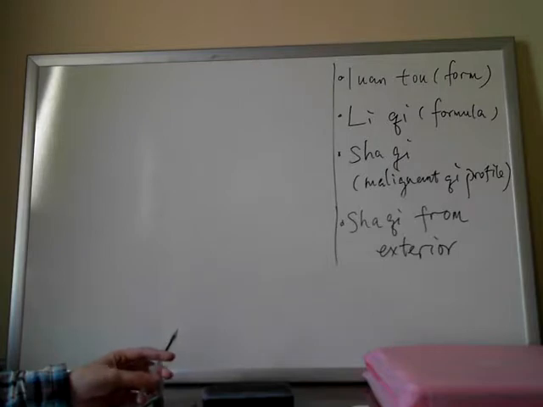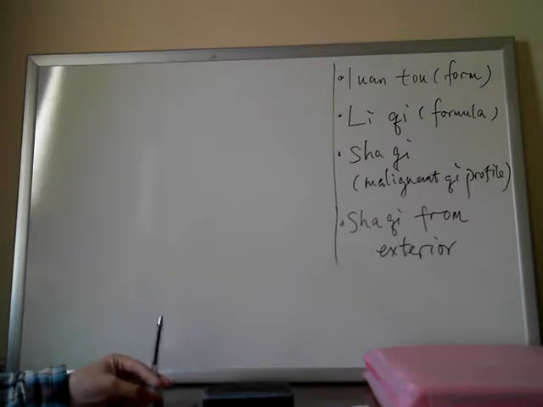Let's say you would like to have the bedroom in the location associated with Tianyi, with Shengqi, and you would like to see the bathroom is associated with Wugui or Zhiming.